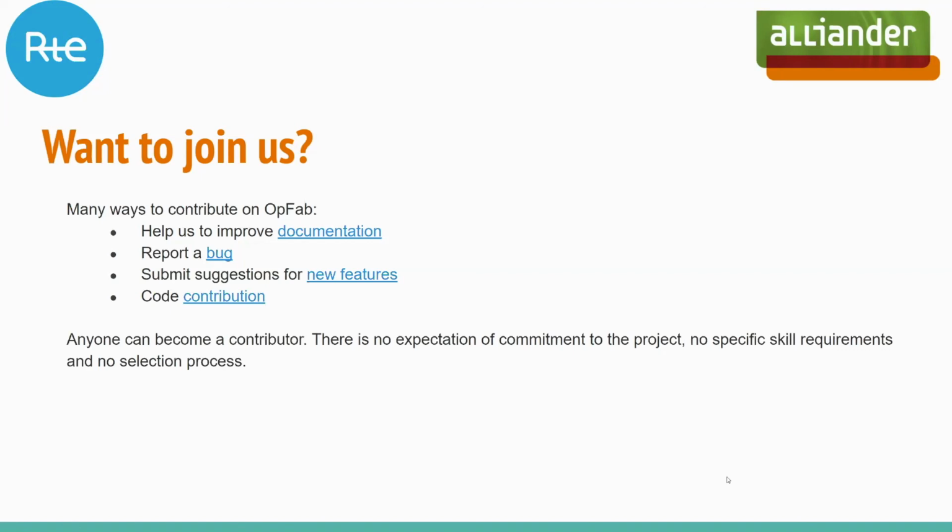You are also welcome to submit suggestions or new ideas for features. Of course, we are open to discussing all suggestions and new ideas to improve OperatorFabric. And you can make a code contribution by creating a new pull request on GitHub. All the contribution guidelines are described on GitHub in the contributing section.